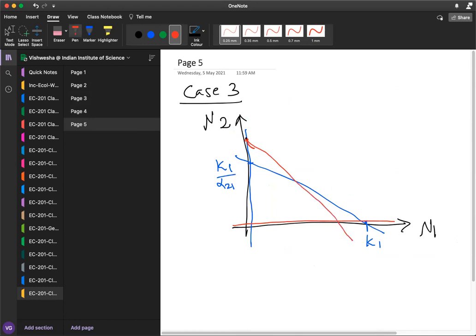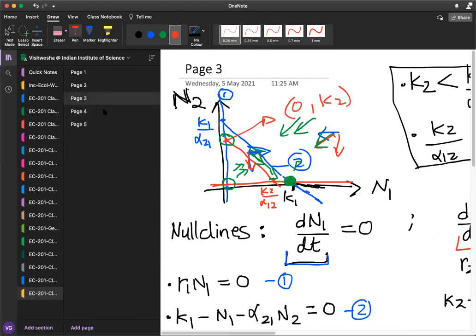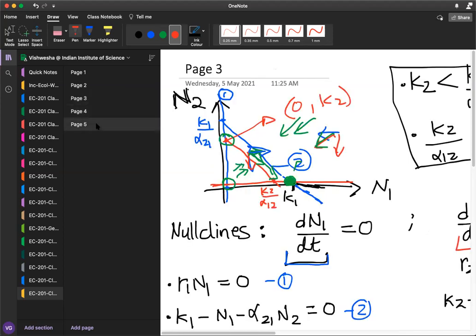Okay, so what is this, by the way? This will be K2. So this is K2, and this will be K2 by alpha 1, 2, if I'm right. Is it correct? Okay, excellent.